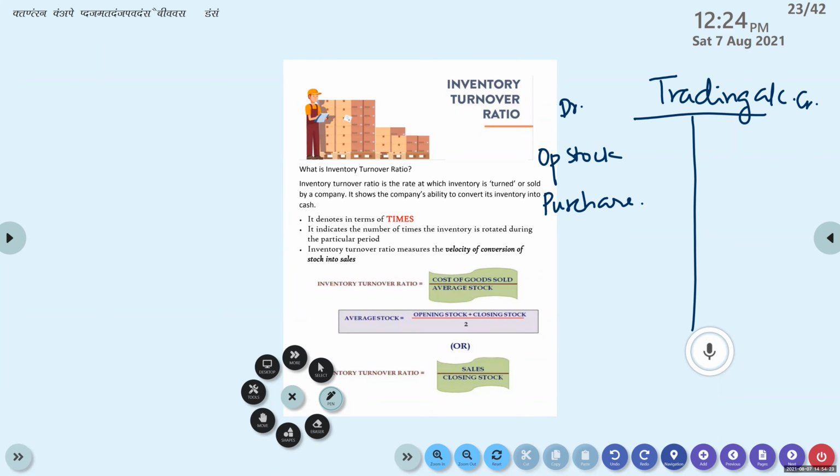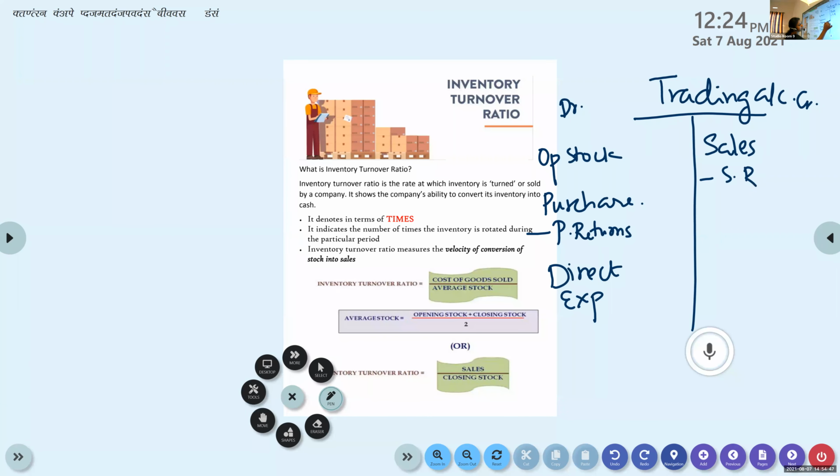Yes, purchase minus purchase return. Then, what is the next item? Wages. Very good. So wages and all, we call it direct expenses. Then coming to the credit side, we will have sales, less sales returns, closing stock.